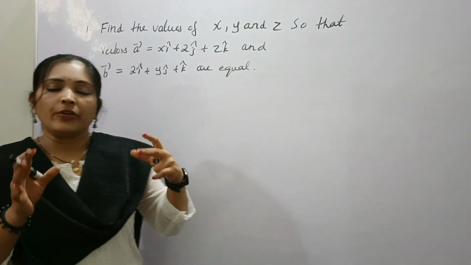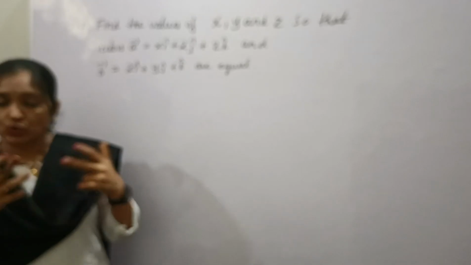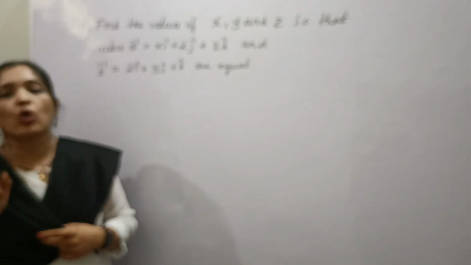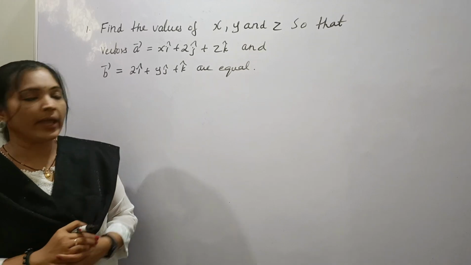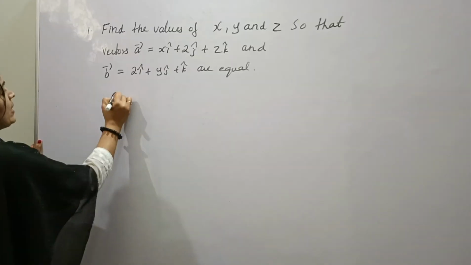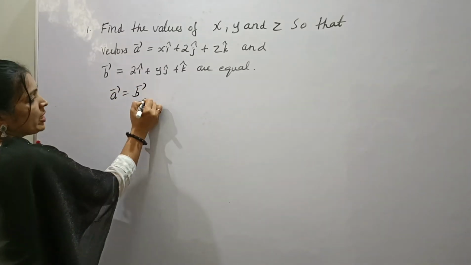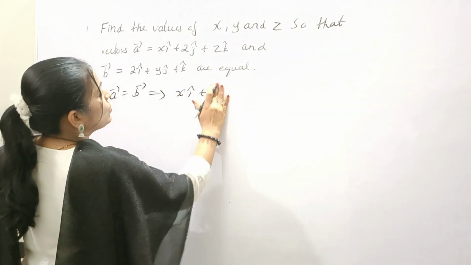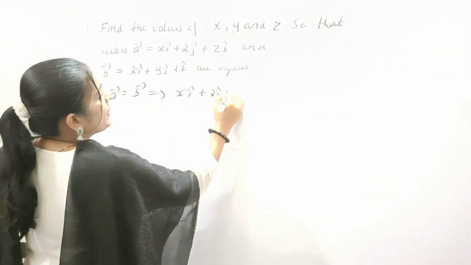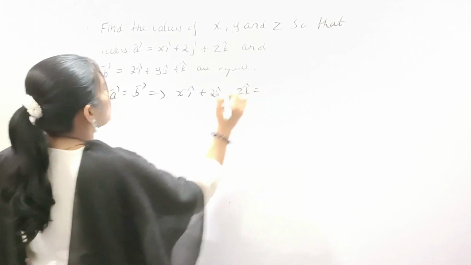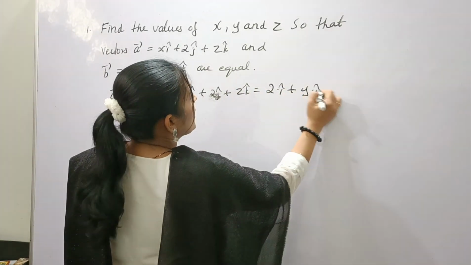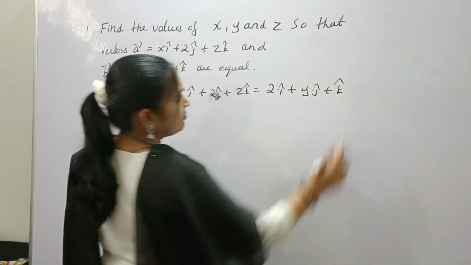So remember, two vectors are equal if and only if their corresponding components are equal. That is, vector A is equal to vector B implies xi plus 2j plus zk is equal to 2i plus yj plus k.